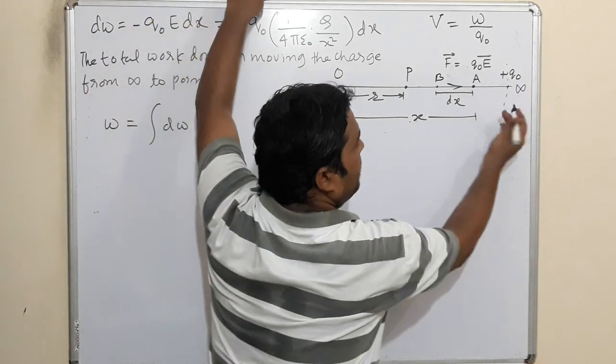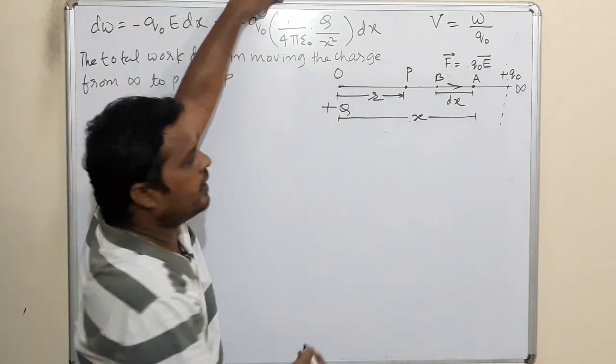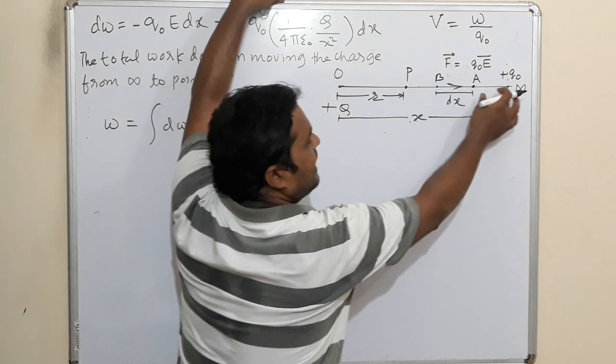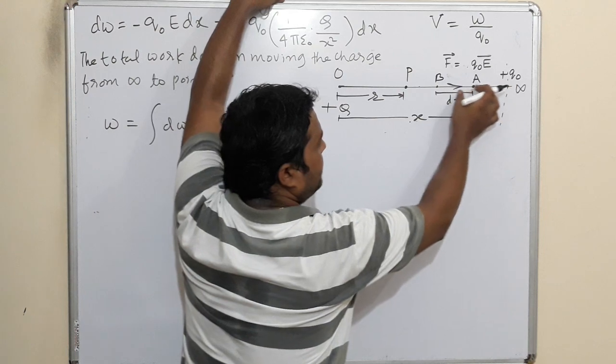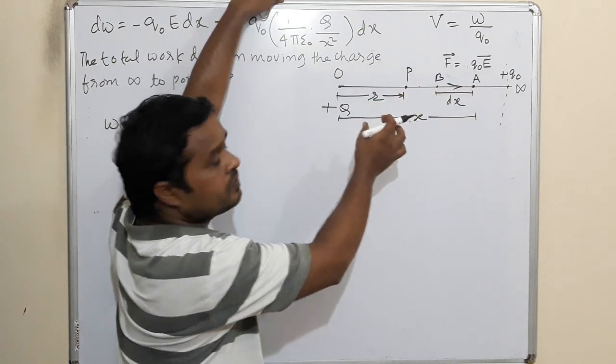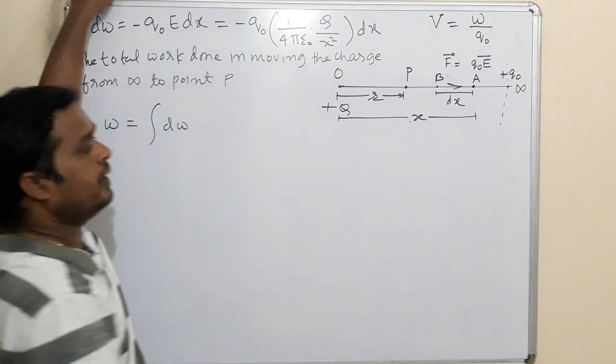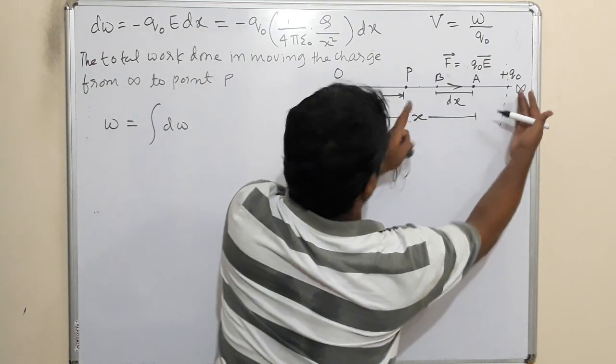From here to here there is one dW, from here to here another dW. That means through small displacements dx, dx, dx, we have small amounts of work done dW, dW, dW in this range.